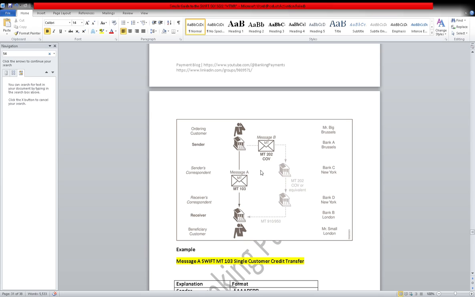Come again, the question: how can account in different bank, right? No, MT200, not MT202.